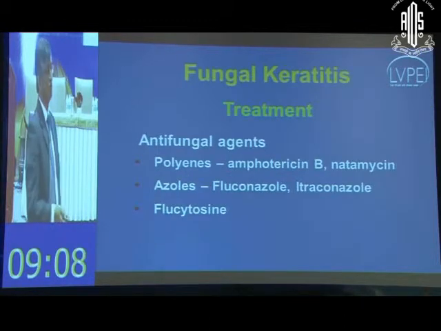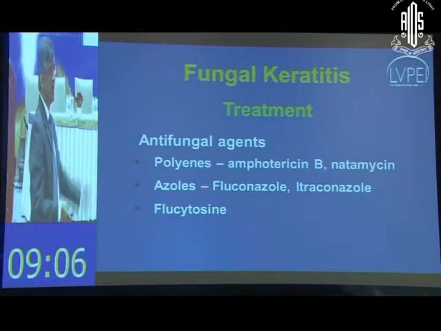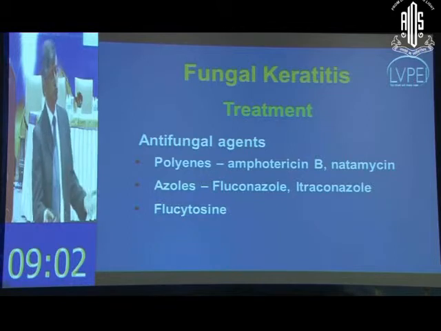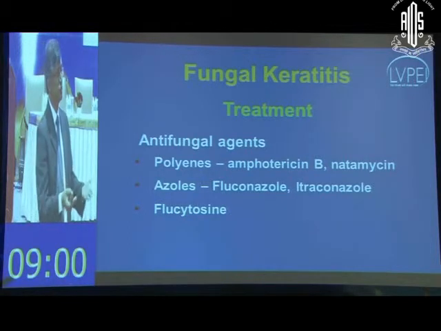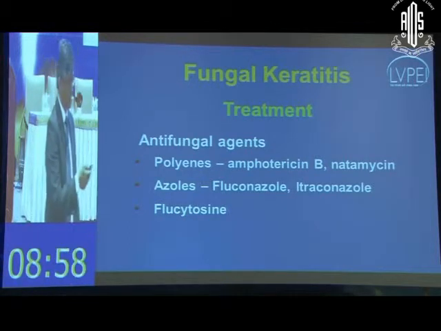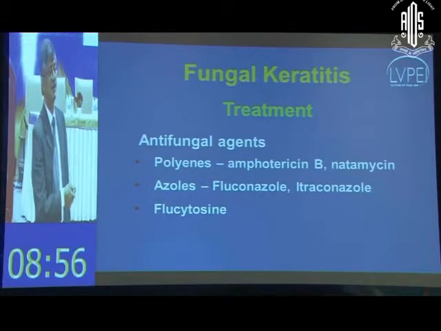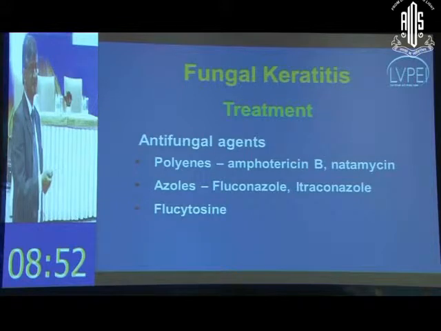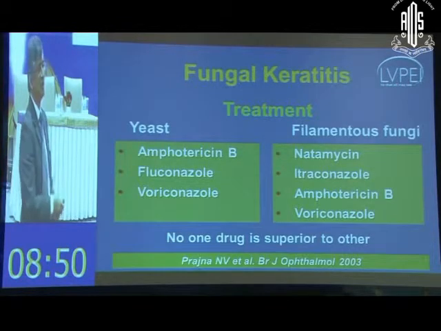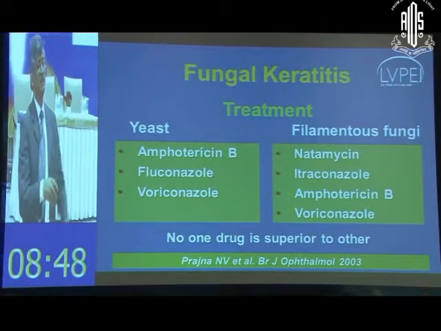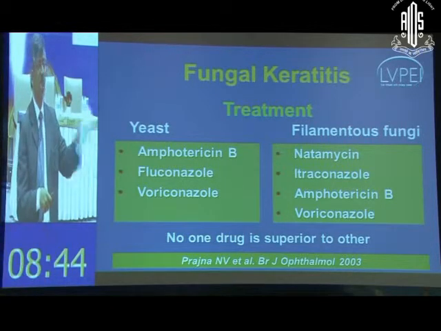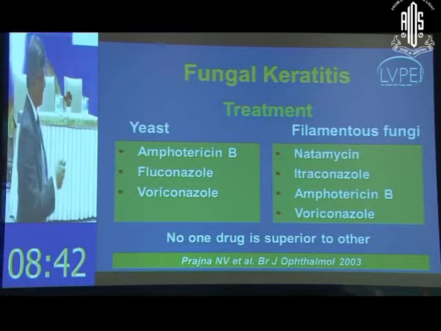So how will you treat these patients? There are variety of antifungal drugs that are available. Which one will you choose? Why will you choose? Natamycin you will choose. Why will you choose natamycin? Filamentous fungi. So there is a relative preference in choice of antibiotic when you deal with the candida or yeast versus when you deal with the filamentous fungi.